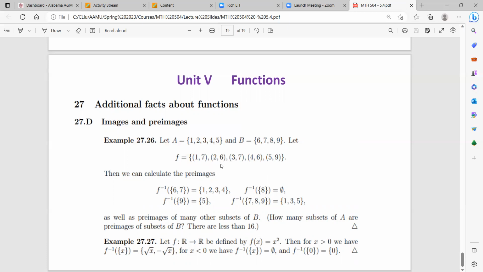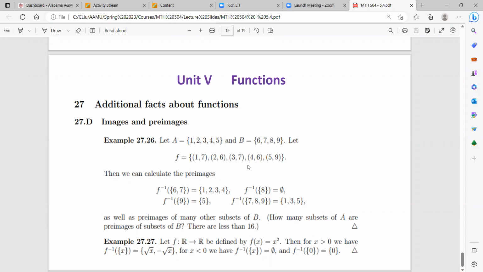Okay. So you can see this is all the pairs. You don't have to pair all the numbers in set B in the codomain. Like 8 does not appear in any of the pairs in the second coordinate, right? So that's pretty fine for a function.